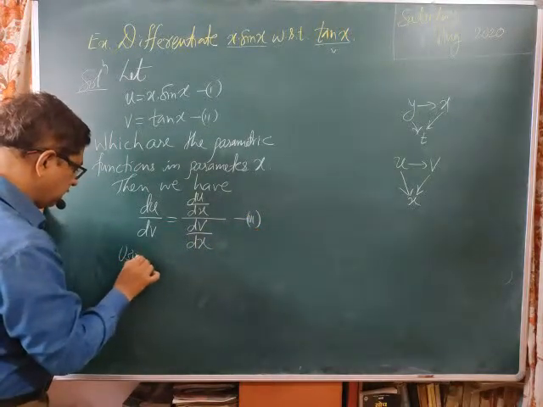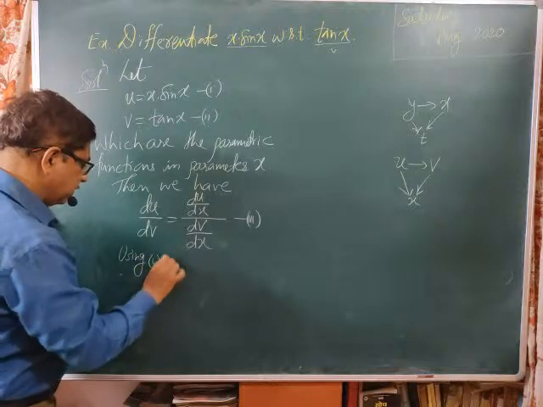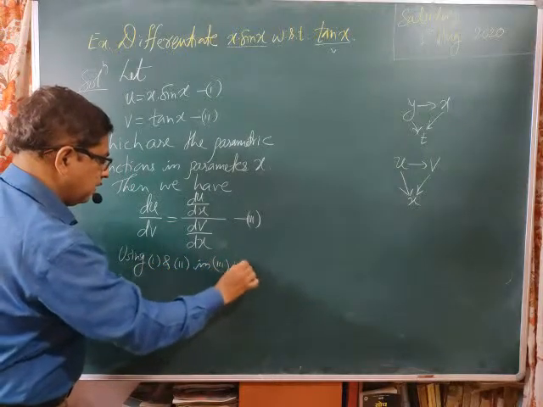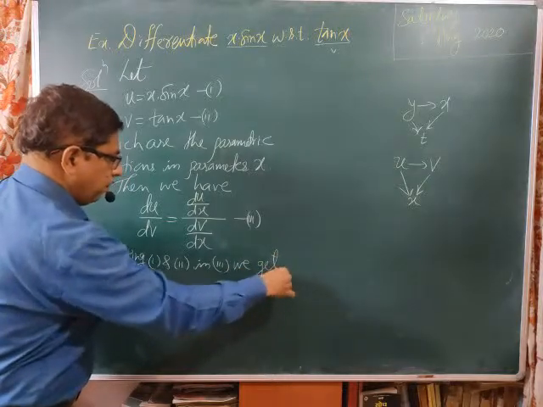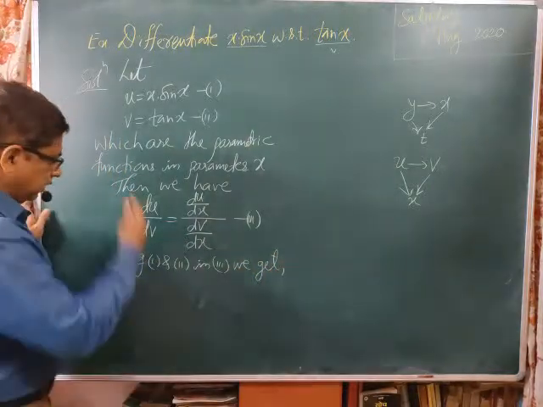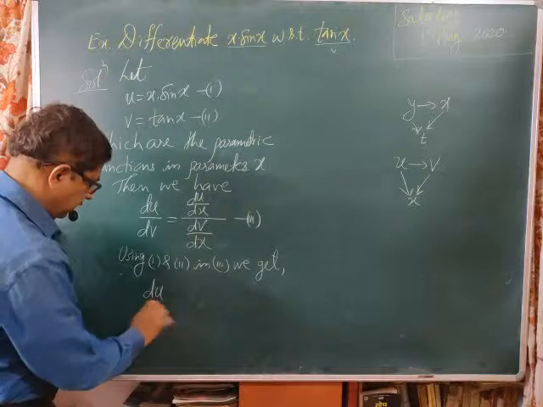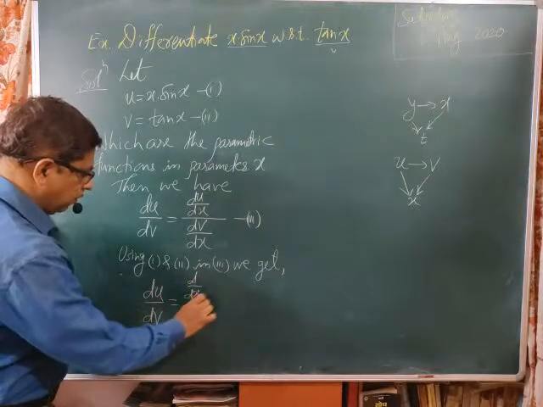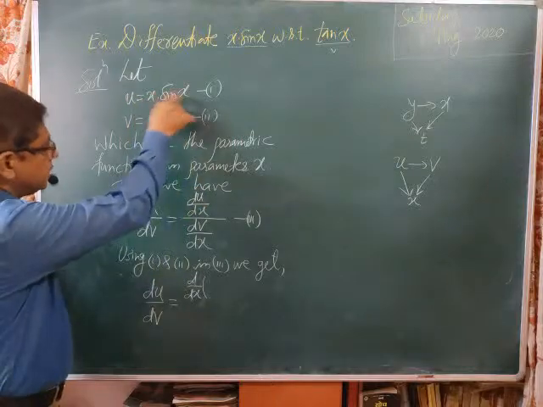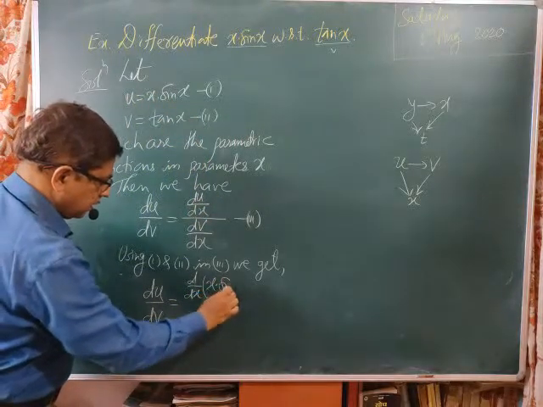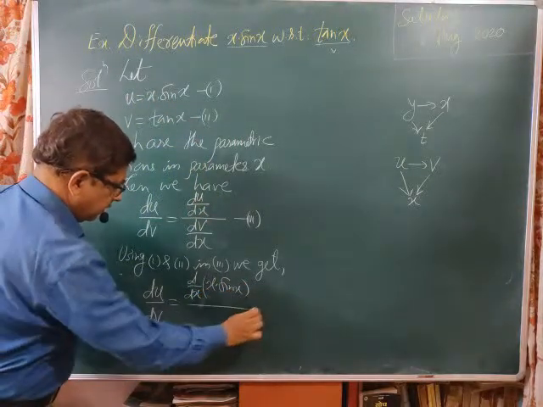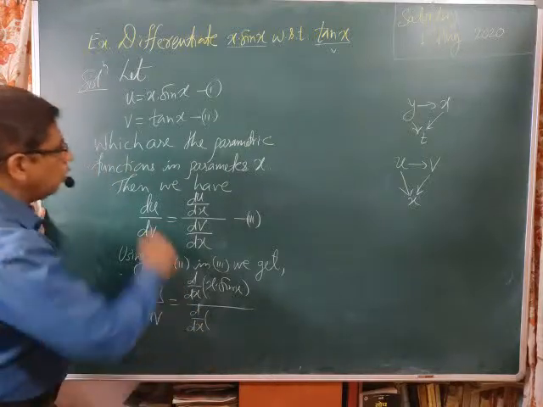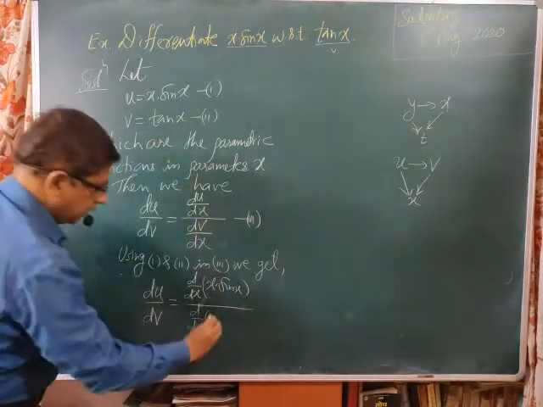Using 1 and 2 in 3, we get du by dv is equal to dy dx of u, u is x sin x, divided by dy dx of v, v is tan x.